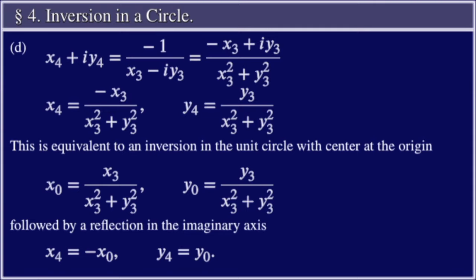This is equivalent to an inversion in the circle with the center at the origin, x0 equals x3 divided by x3 squared plus y3 squared, y0 equals y3 divided by x3 squared plus y3 squared, followed by a reflection in the imaginary axis, x4 equals minus x0, y4 equals y0.